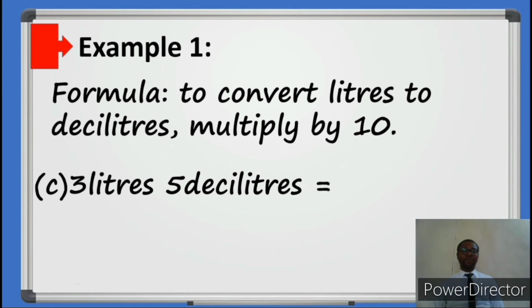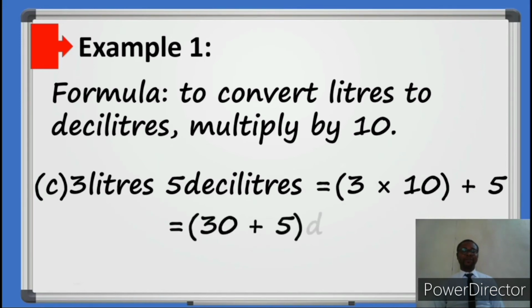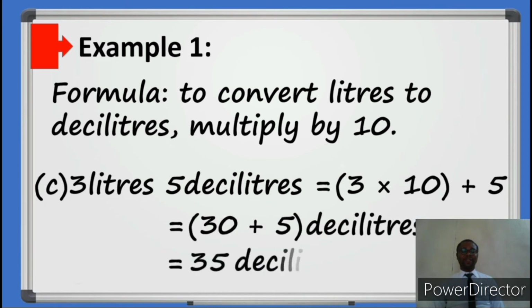So I'm simply going to multiply 3 times 10, and then we add the 5. That is 3 times 10 plus 5. And that is 30 plus 5 deciliters. Our final answer will be 35 deciliters. So 3 liters, 5 deciliters is equal to 35 deciliters.